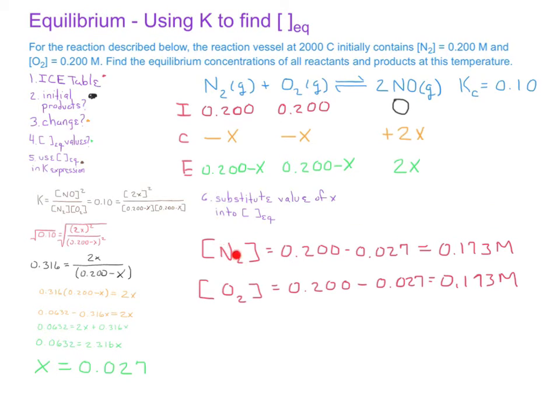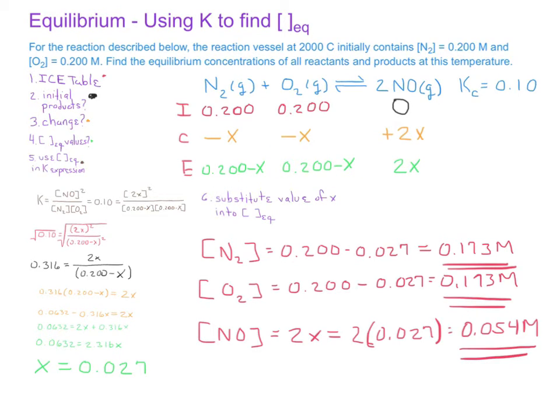The concentrations of nitrogen and oxygen will simply be 0.200 minus 0.027, which gives us a concentration of 0.173 molar for both nitrogen and oxygen. The concentration of nitrogen monoxide at equilibrium is equal to 2x, so 2 times 0.027 is 0.054 molar, and those are the three equilibrium concentrations.